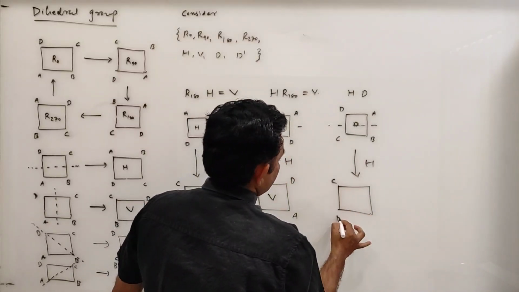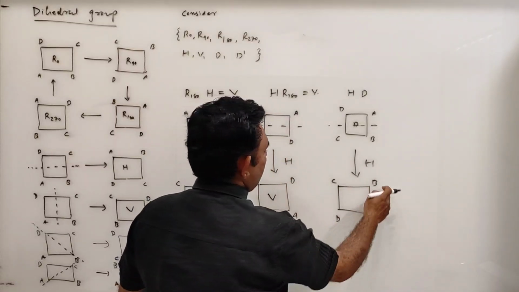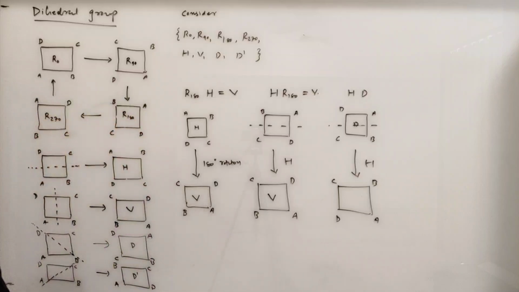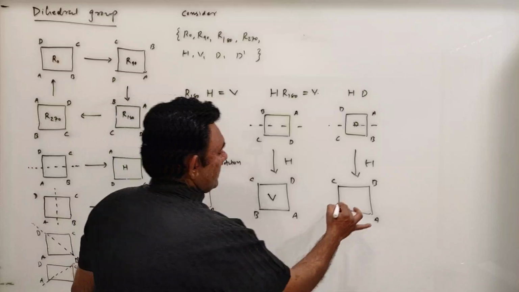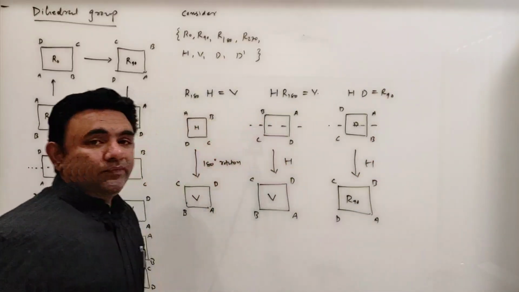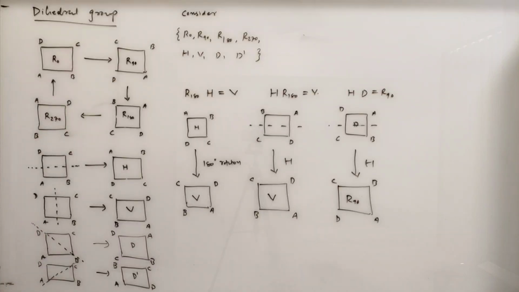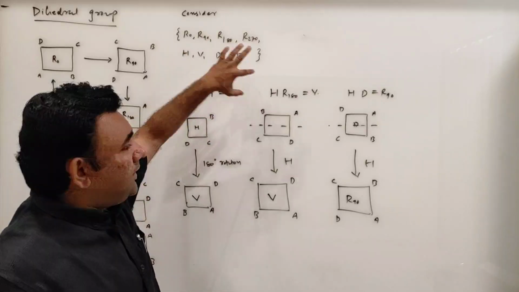So this will be C, this will be D, this will be B, and this will be A. So A, B, C, D is R90. So in this way you can compute the product of any two elements.